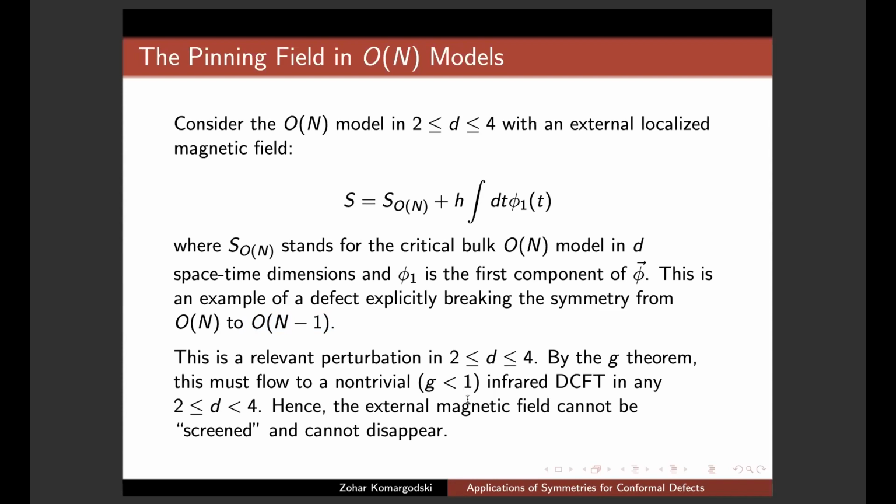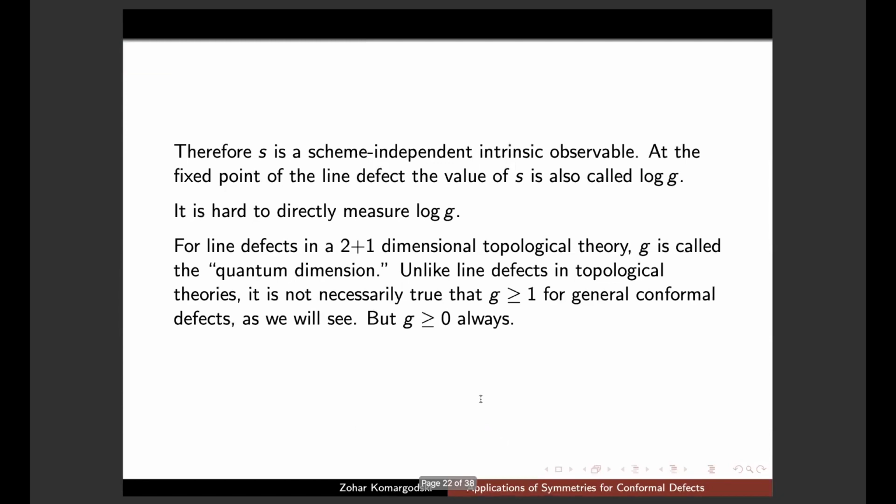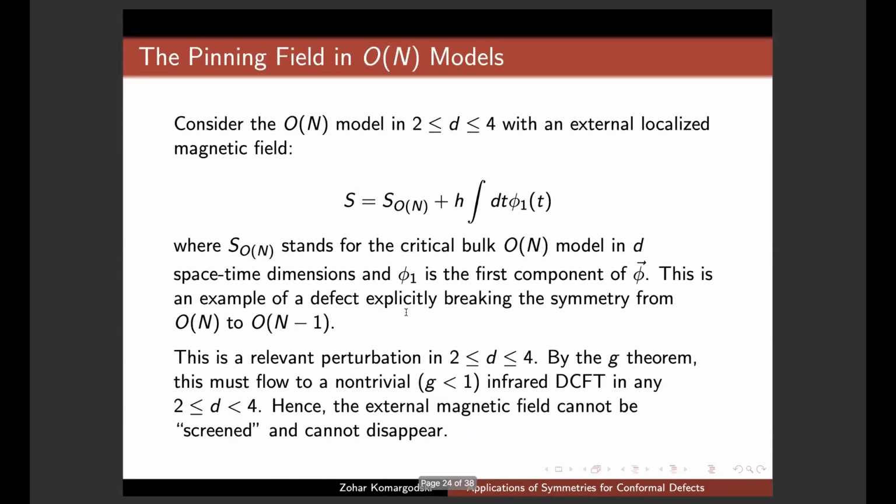And this means immediately that the external magnetic field cannot flow to a trivial line operator. So this line defect cannot end up being screened or transparent. If it were, then this would have to be true. But since G of V is 1, this cannot be true, and you've reached a contradiction.